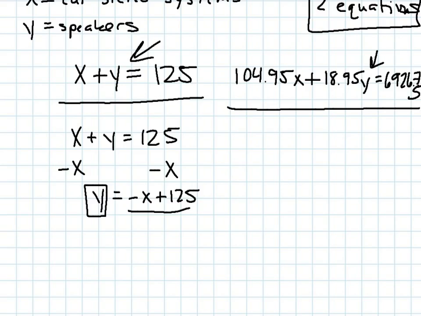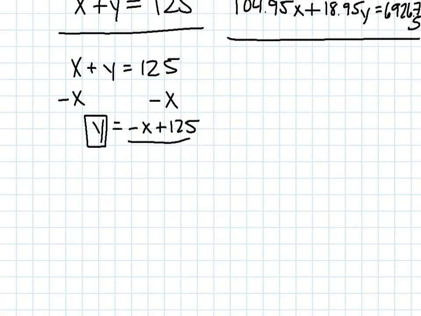Okay, so here I'm going to rewrite this equation over here. And I'm going to plug in my information. How about we move it down because I don't have enough room.